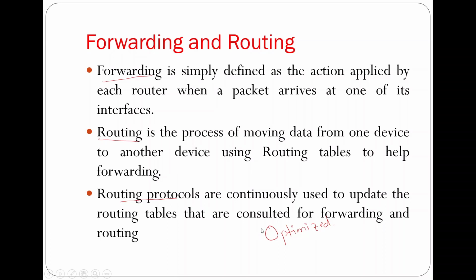The packet should be carried with less delay, and it should follow the shortest distance. You can have LAN networks with very high distance or very little distance, so different types of parameters will be there. Among those, we have to choose the shortest distance path to forward the packet, and all that will be updated and maintained in the routing tables. These routing tables will continuously keep updating using protocols called routing protocols. Today we'll see what routing protocols are available in computer networks.